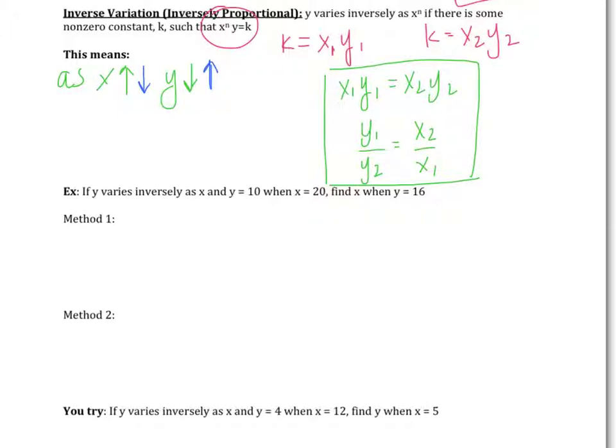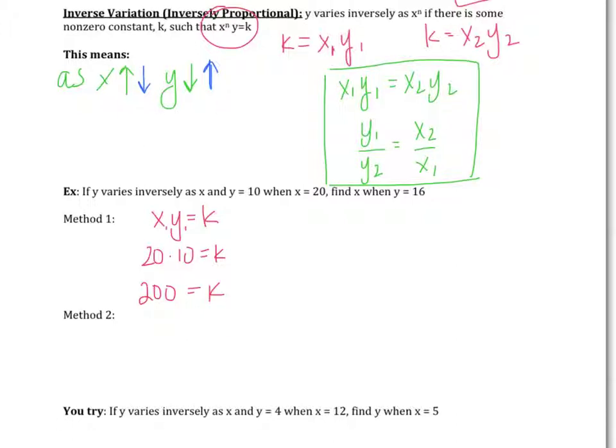So I'm going to have, again, my exponent is just 1, so xy equals k. My first variables, x is 20 when y is 10. That gives me k equal to 200.